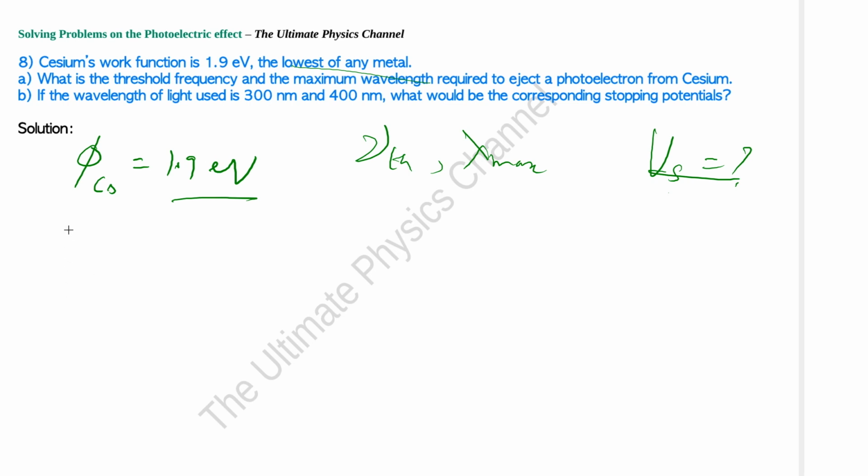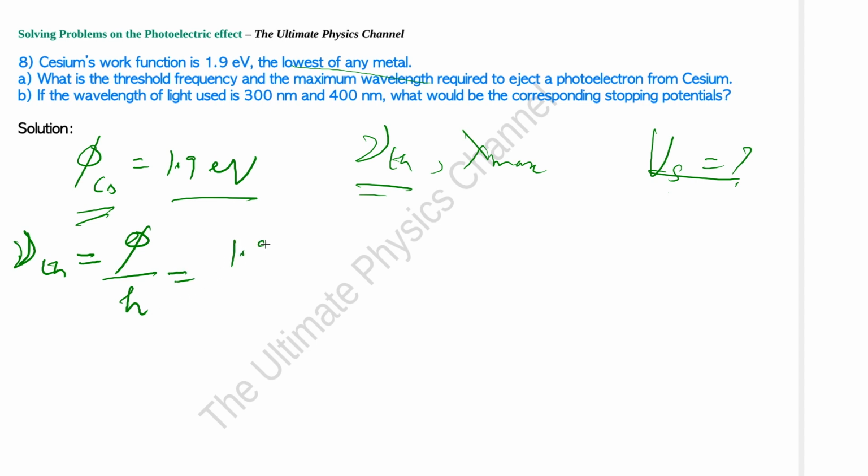From this work function we have to calculate the threshold frequency, right? And lambda max. So let's say nu th, the threshold frequency, is equal to phi over h.